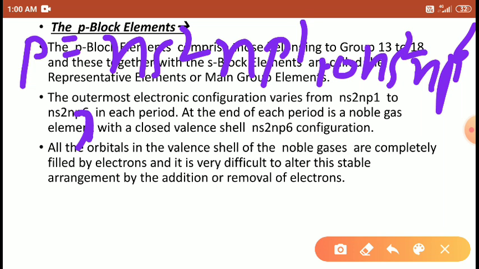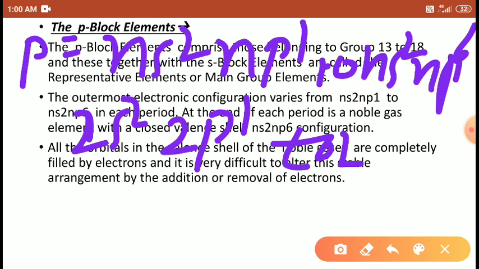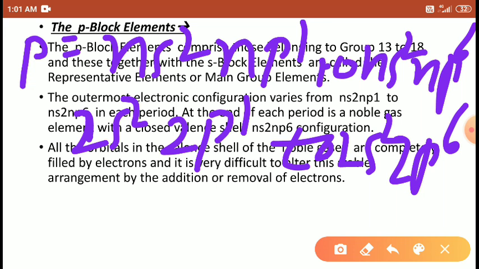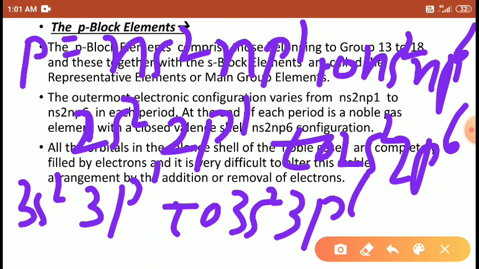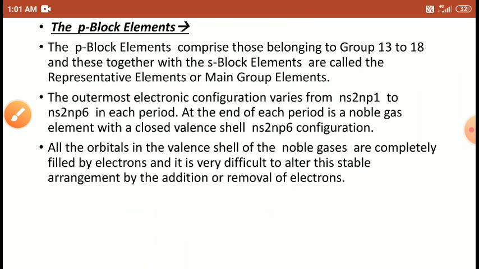For example, 2s2 2p1 to 2s2 2p6, right? And 3s2 3p1 to 3s2 3p6. Right, students?